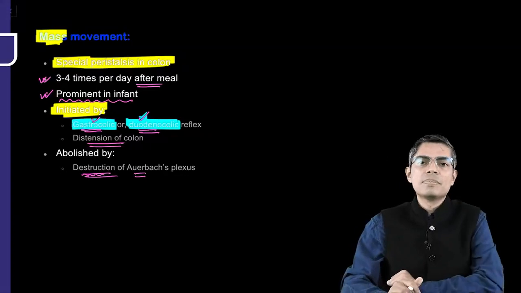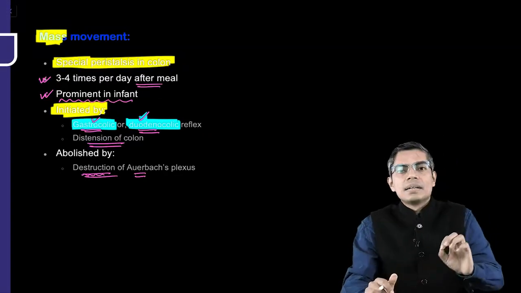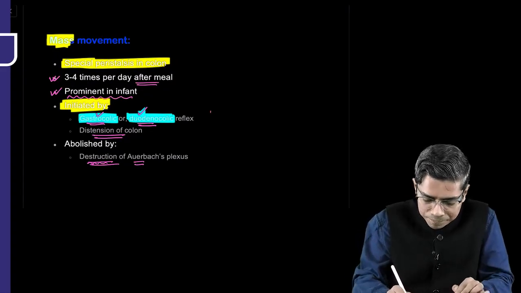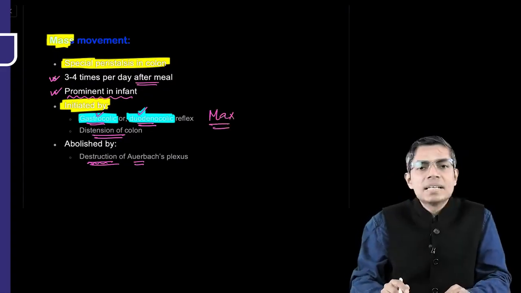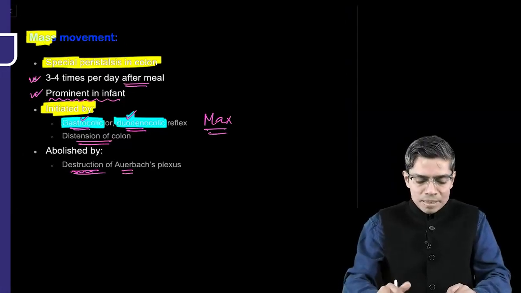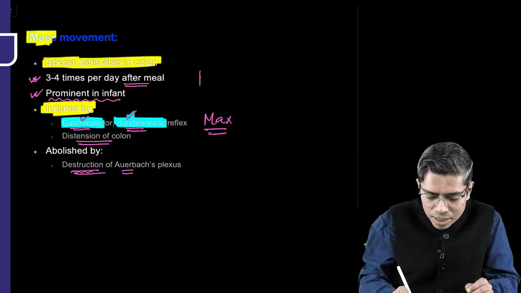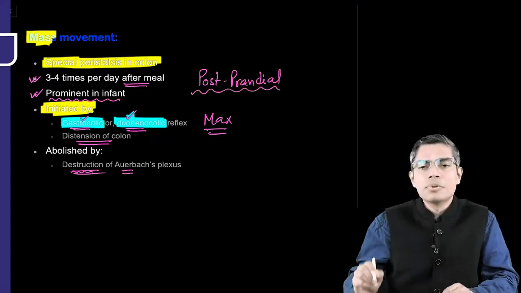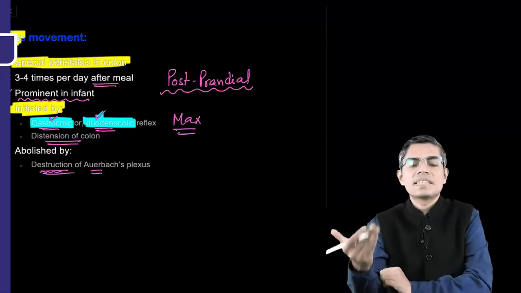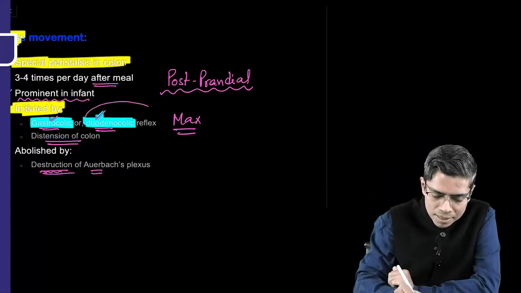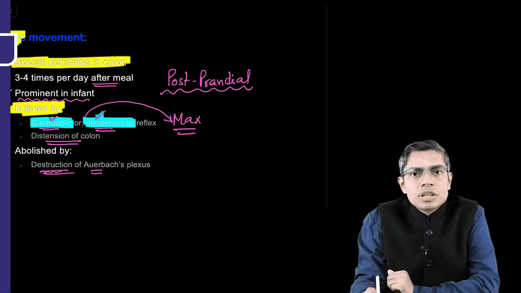Now there is a particular MCQ that has been asked in the AIIMS entrance examination: mass movement is maximally seen in which part of the colon? Mass movement is nothing but postprandial motility mainly. Postprandial means just after food, the motility which is enhanced at the level of the colon; or I can say this is nothing but the gastrocolic or duodenocolic reflex.